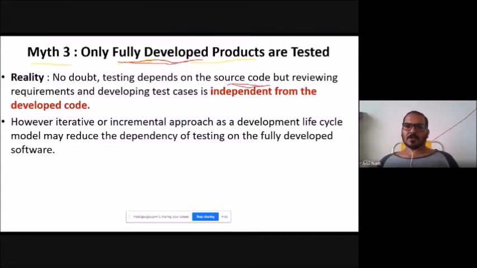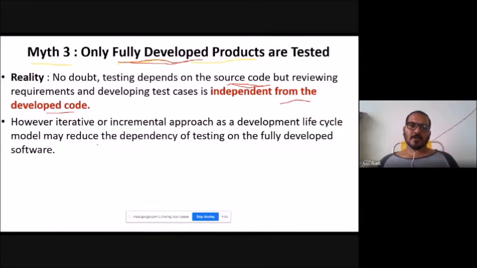The testing depends upon the source code, but reviewing requirements and developing test cases is independent from the developed code. However, the iterative or incremental approach as a development lifecycle model may reduce the dependency of testing on the fully developed software.